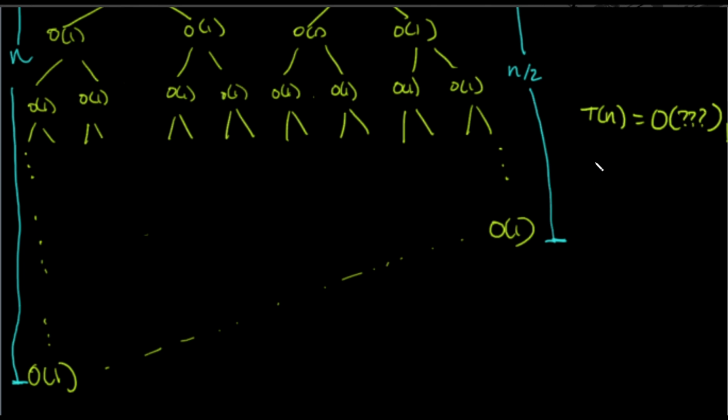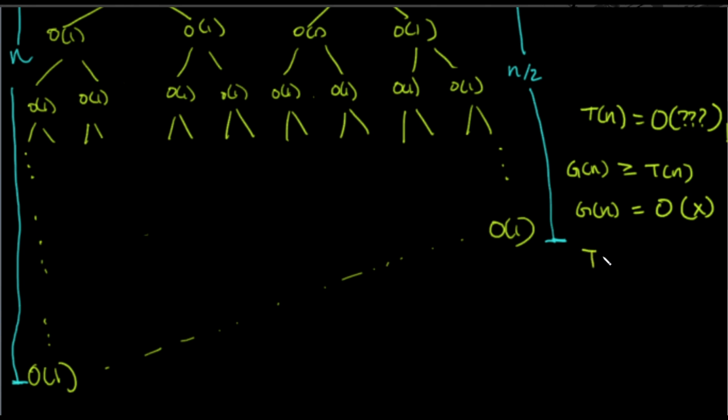But let's put that aside for now. Let's say I told you that G of n is greater than or equal to T of n, and also that G of n is big O of, let's call this X. In other words, put more plainly, I'm going to give you a function that is for sure greater than T of n, and then I'm going to prove the big O bound of this bigger function.